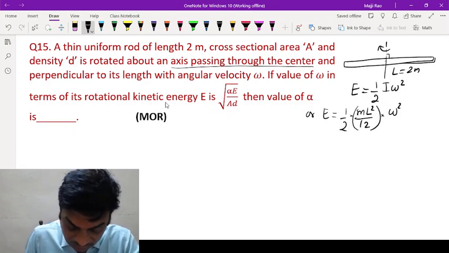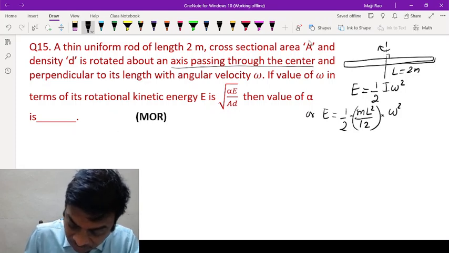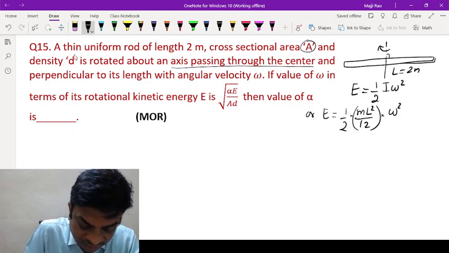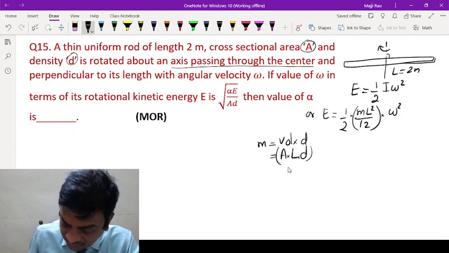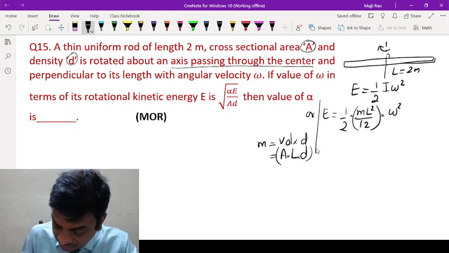Now instead of mass, they have provided some other information, that is cross section area and density. So mass can always be written as volume into density, and volume is cross section area into length. So I'll replace m by ALD.